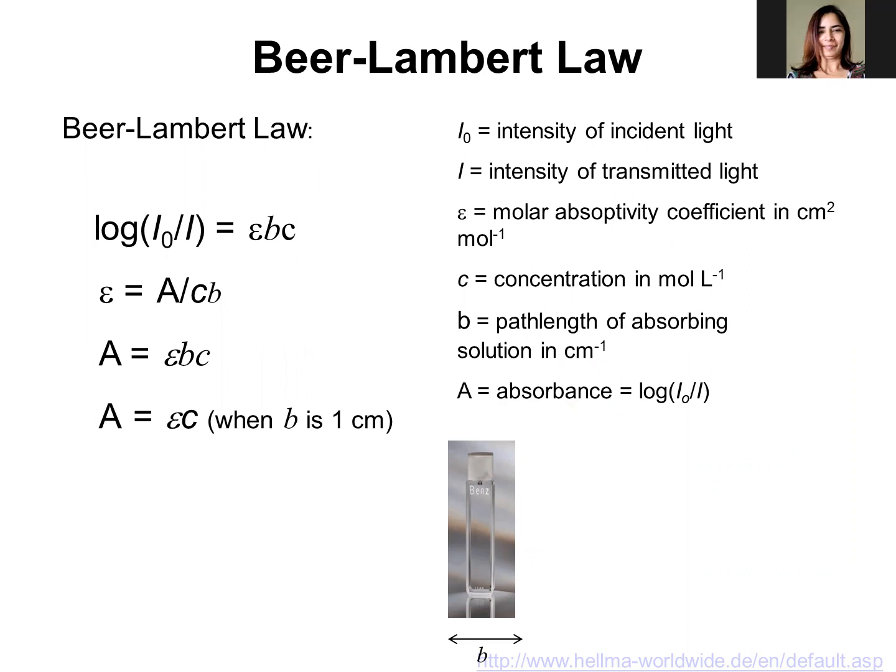For a particular wavelength, absorbance is equal to epsilon b into c, where b is the path length through which the light has to travel, c is the concentration, and epsilon is the molar absorptivity coefficient in centimeter square per mole.